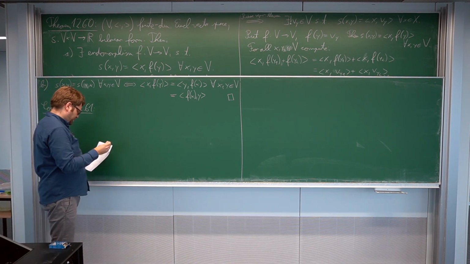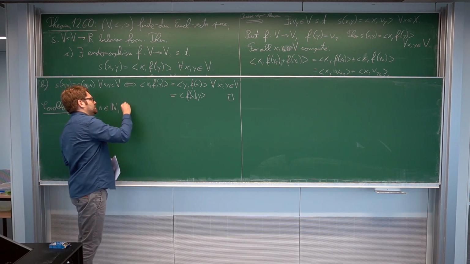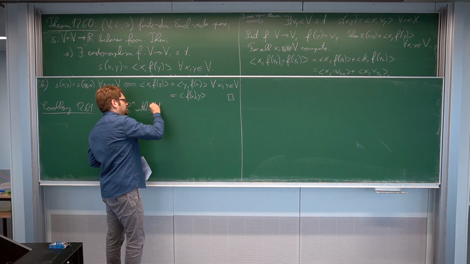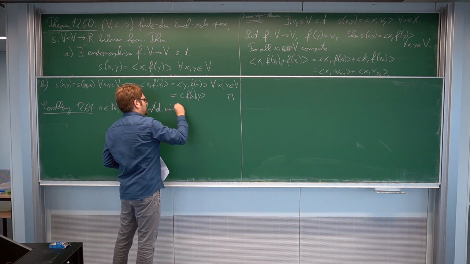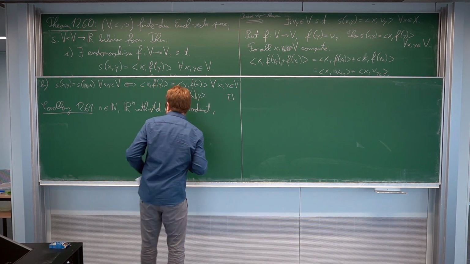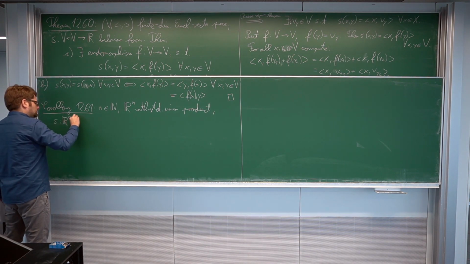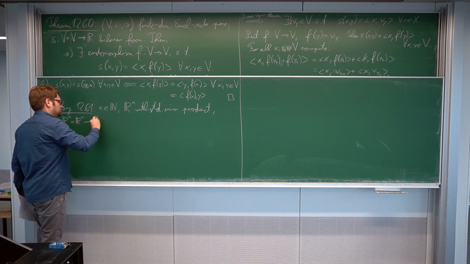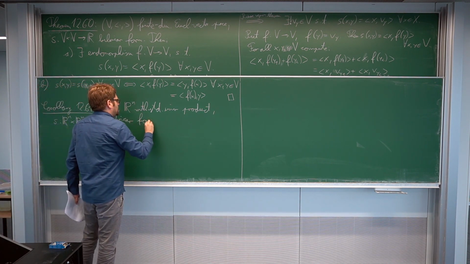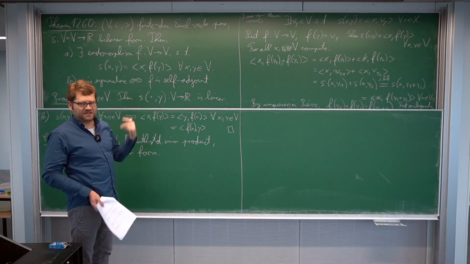So consider the following situation. Let n be a natural number, and take Rn with the standard inner product. And we have a bilinear form on Rn. Now, we've seen that linear maps on Rn are always induced by matrices, or are basically given by multiplication with matrices.